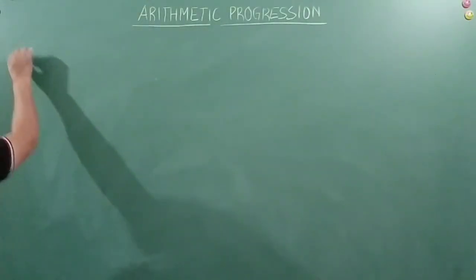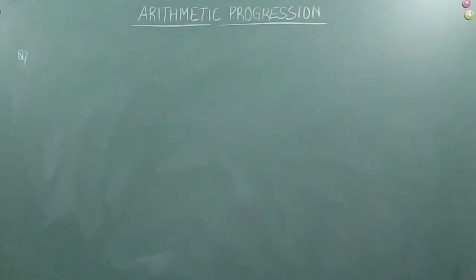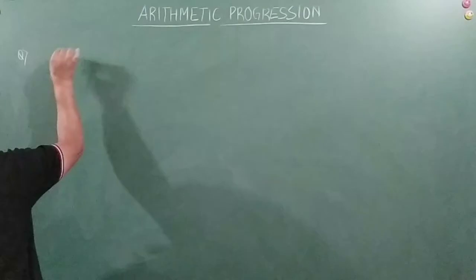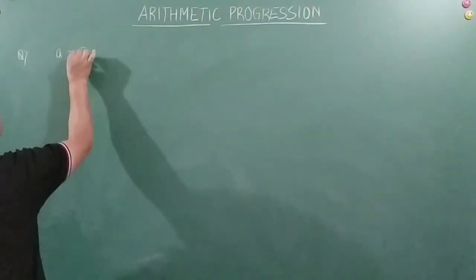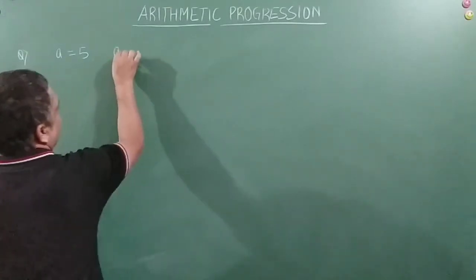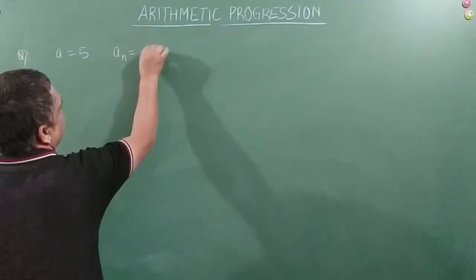The question says that the first term of an AP is 5 and last term is 45. So A is equal to 5 and last term is 45, so AN is equal to 45.